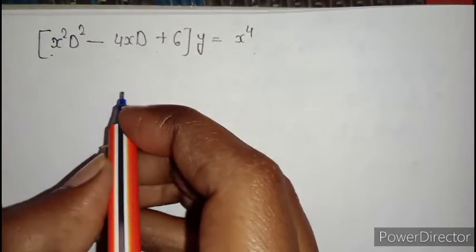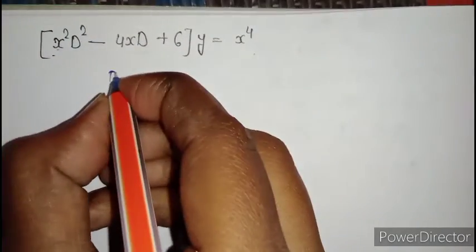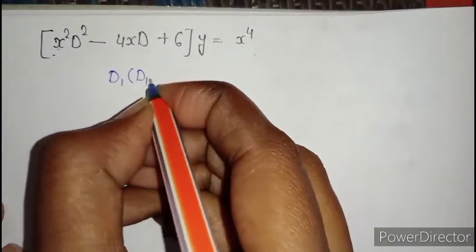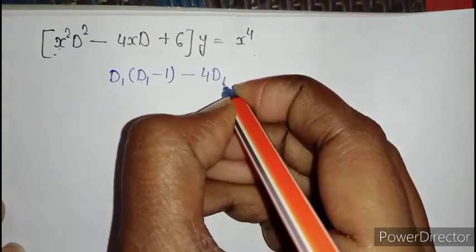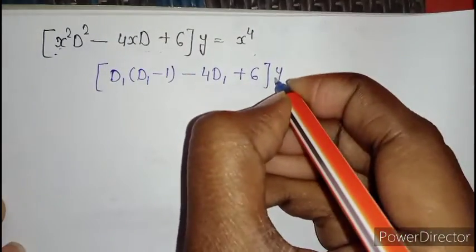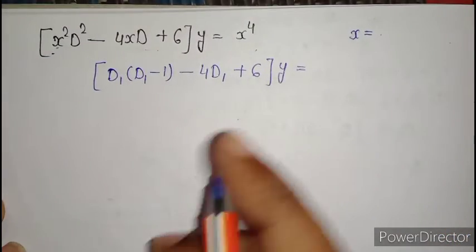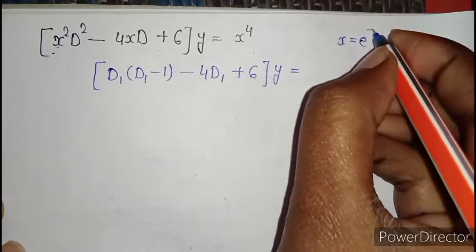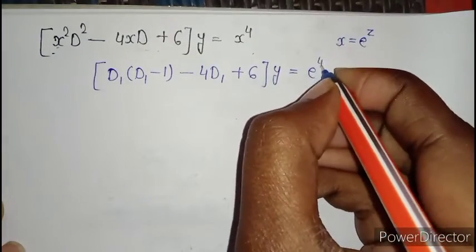Then we will use our previous method, that is we replace each x square D square by D1 minus 1, xD is replaced by D1, plus 6 applied over y is equal to, each x is replaced by e raised to power z. So it becomes e raised to power 4z.